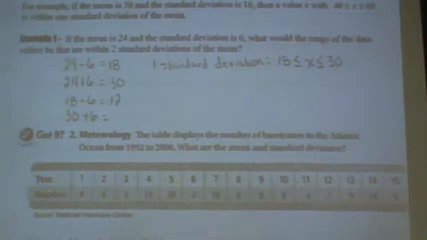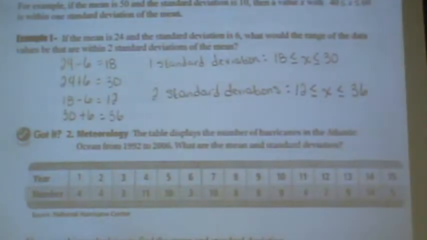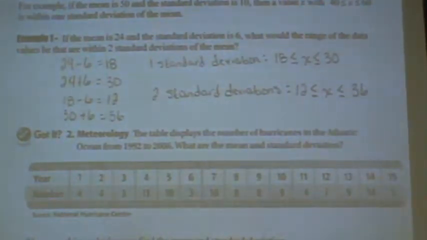That gives us that second deviation to the right, which is 36. So the question asks what the range is for values within 2 standard deviations. We take our smaller number, 12, is less than or equal to x, is less than or equal to 36. So our range is between 12 and 36.